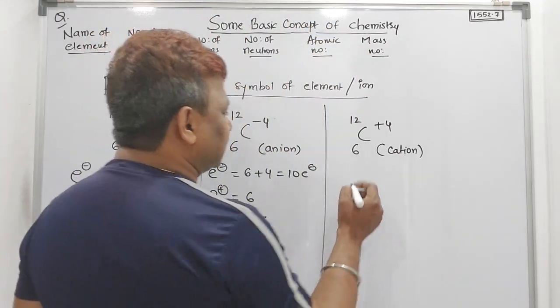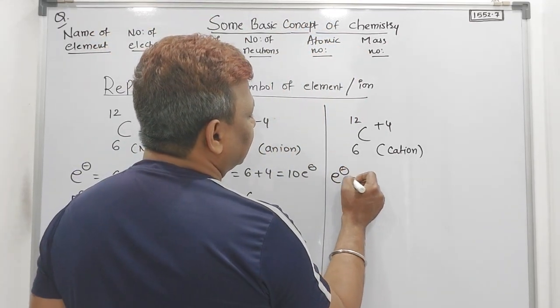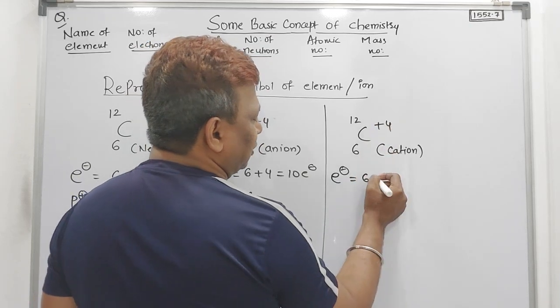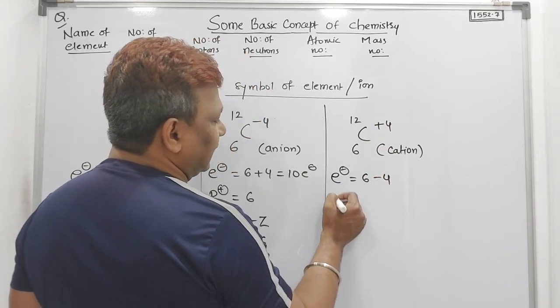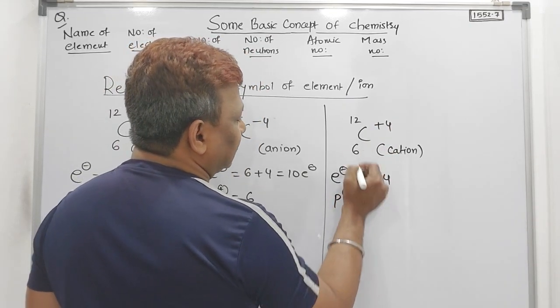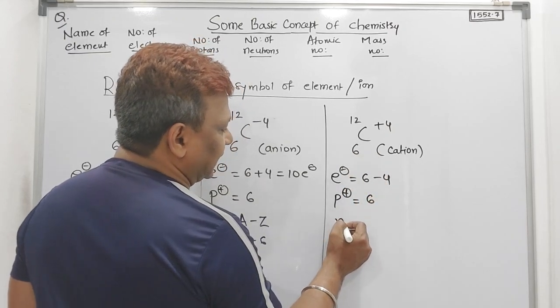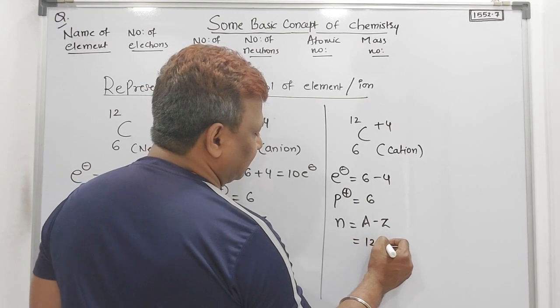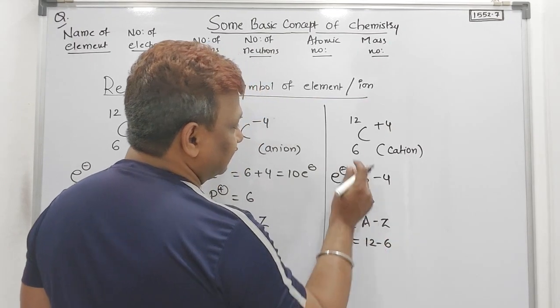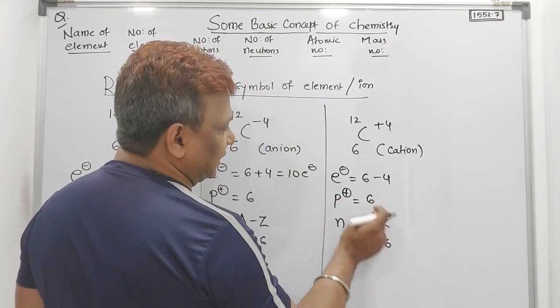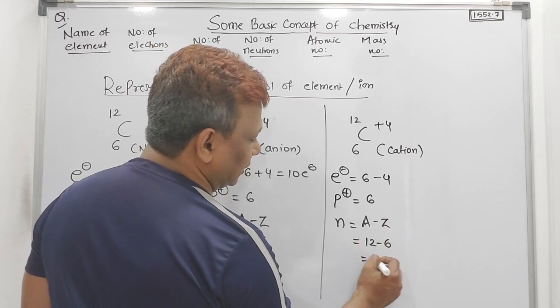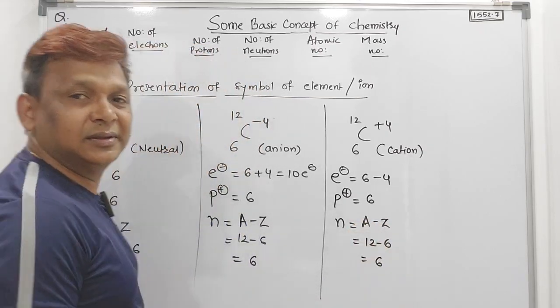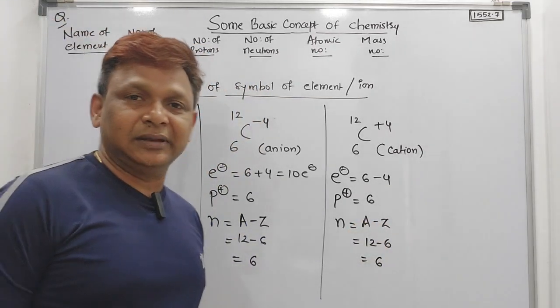In this cation, the number of electrons is Z, and plus 4 becomes minus 4. The protons are equal to the value of Z, and the neutrons are A minus Z, where the mass number is 12 and the atomic number Z is 6. 12 minus 6, so the neutrons are 6. Take a screenshot.